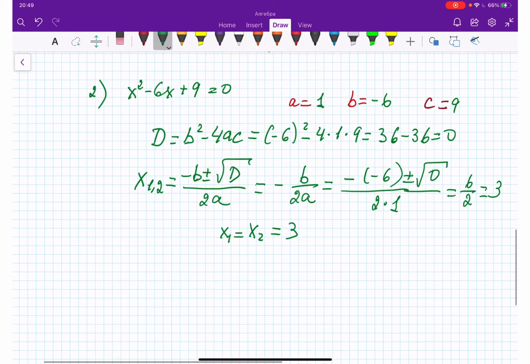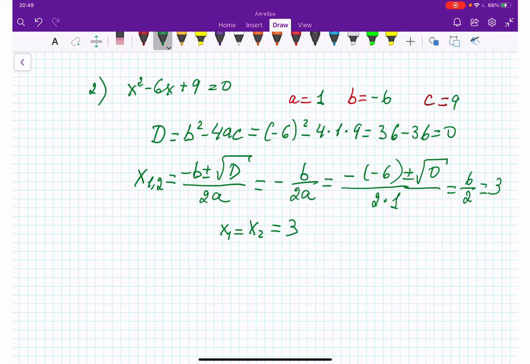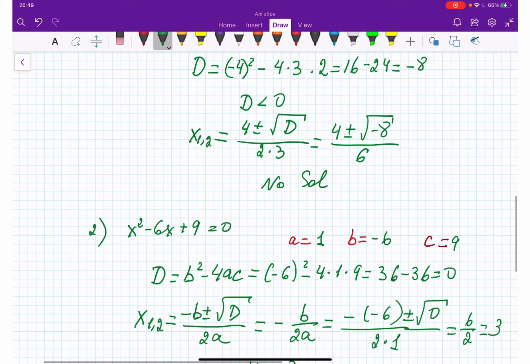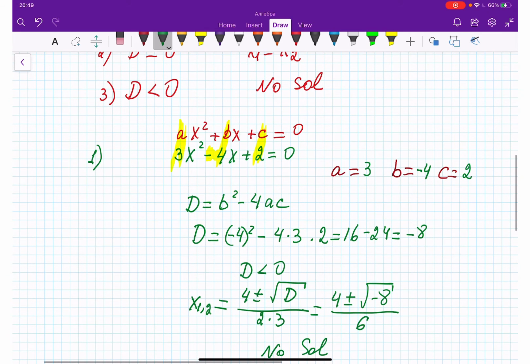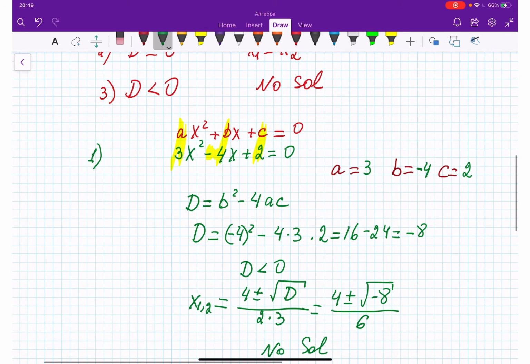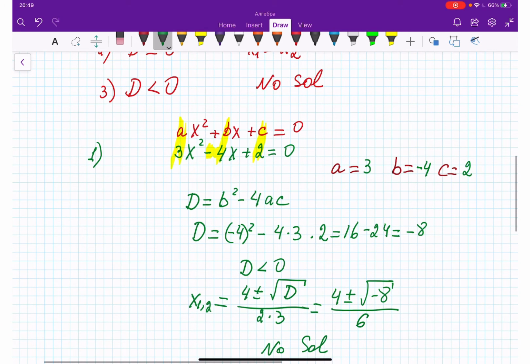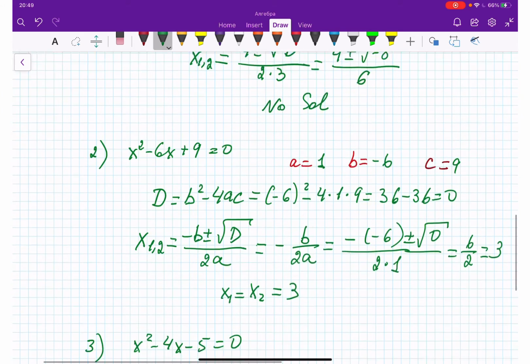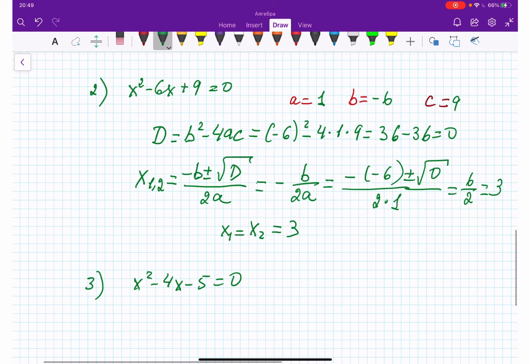Okay, next one. Number 3: x squared minus 4x minus 5 is equal to 0. It just happened that in the first equation my a differs from 1, but in number 2 and number 3, my a is equal to 1.